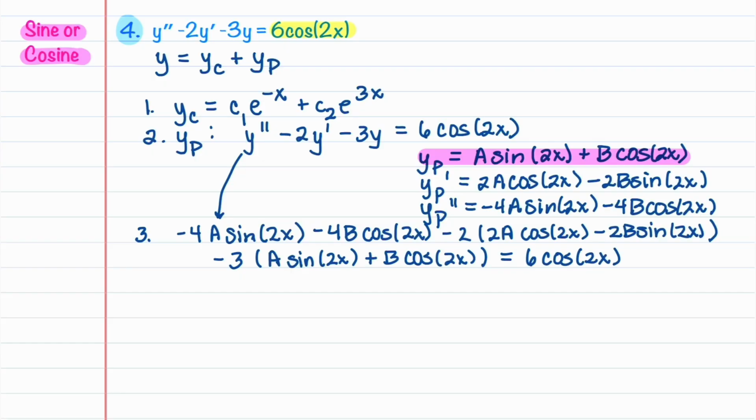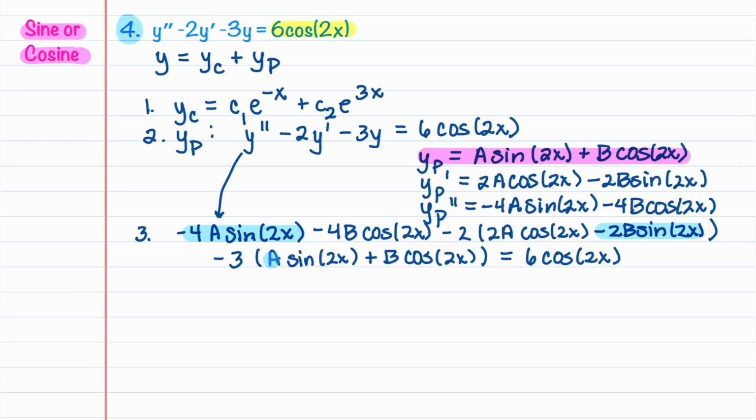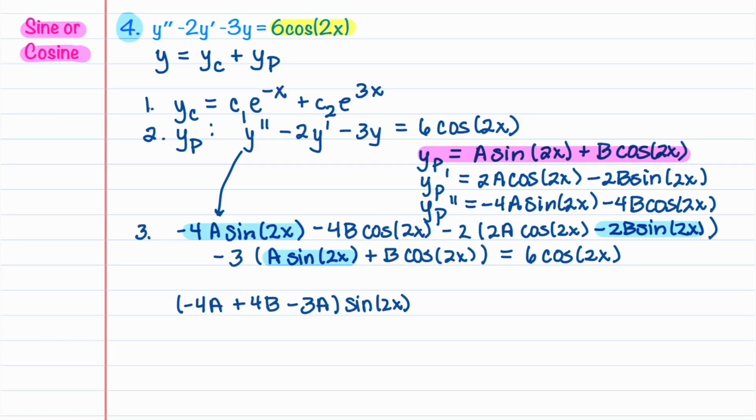Let's first combine all of our sine terms. So that's this one, and we have to pick up the negative 2 that's out in front, and then this one. This gives us minus 4a. Minus 2 times minus 2 gives us a plus 4b, and then minus 3a. And that multiplies sine 2x. And now let's pick up our cosine terms.